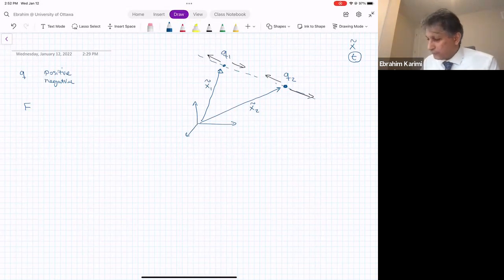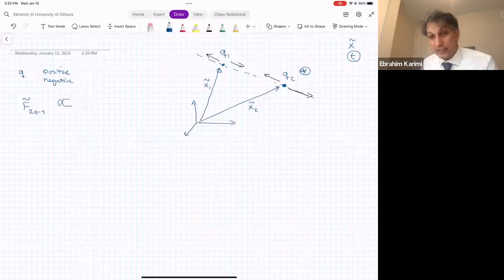So what they found is that the force, of course, is a vector, that the two particles will see. Let's concentrate on one of the particles, and we want to understand what is the force on particle 2 due to particle 1. What they understood experimentally is that this force is proportional to the charges Q1 and Q2.